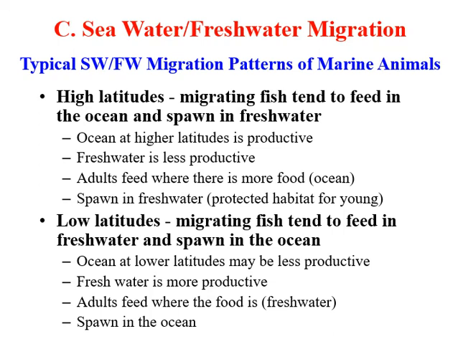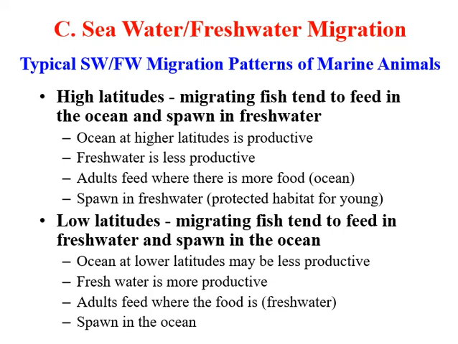What you find at lower latitudes, where the ocean isn't as productive, maybe freshwater is a better habitat for fish to occupy, then the adults are found in freshwater and they move down to the ocean to spawn. Now there's exceptions to these, of course, but these are generalizations that are true for a lot of different species.